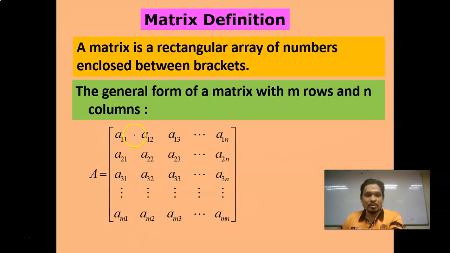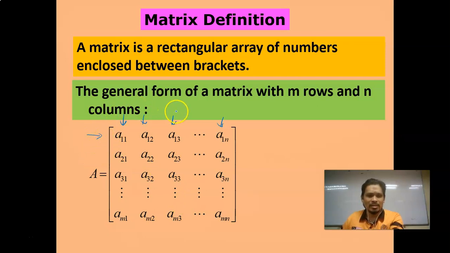This we call a row and a column. Row 1, row 2, row 3 until row m, and column 1, column 2, column 3 until column n.